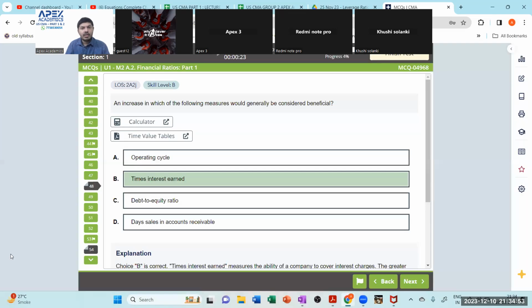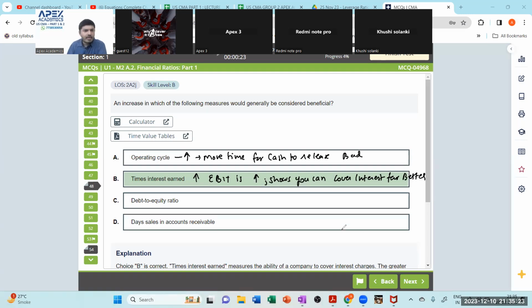Let's write over here also. Operating cycle, if it increases, more time for cash to be generated or more time for cash to release. That is bad. Times interest earned, if it is more, EBIT is high. That shows you can cover interest far better.